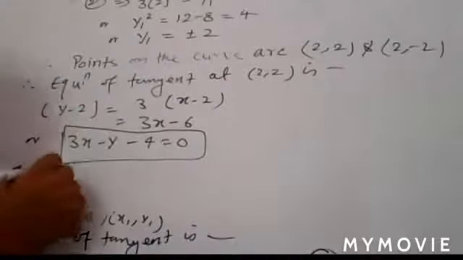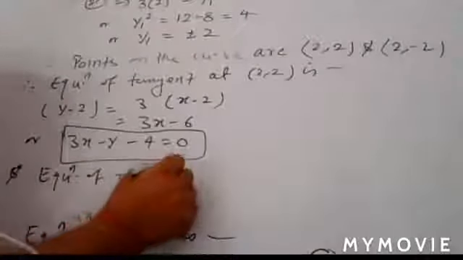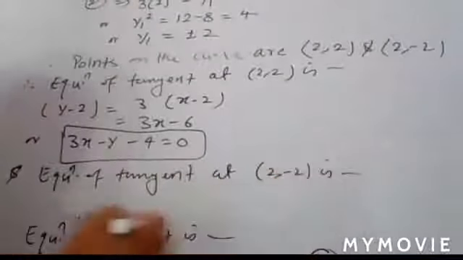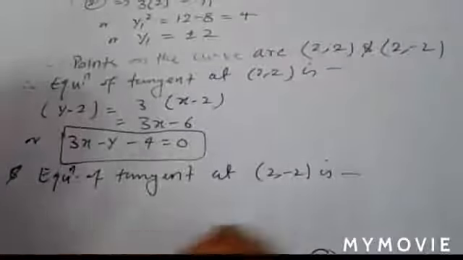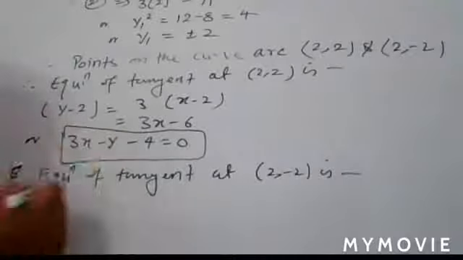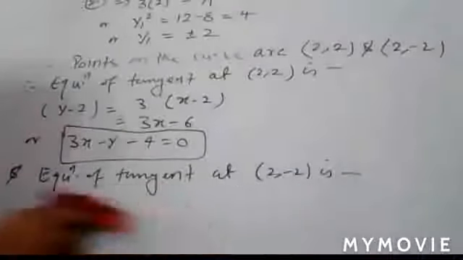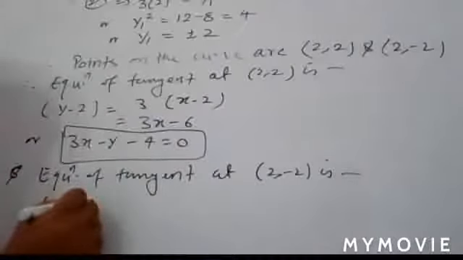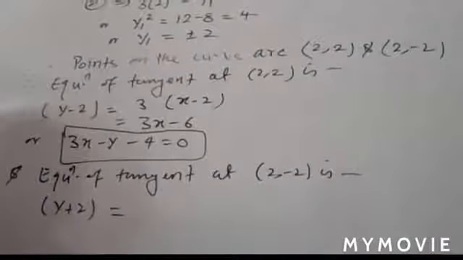So you write, the equation of tangent at (2, -2) is: y minus (-2), so that is y plus 2, is equal to 3x1 upon y1.